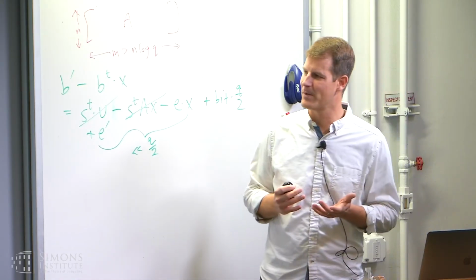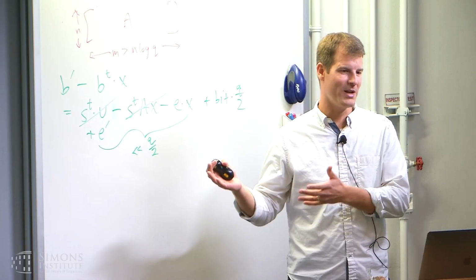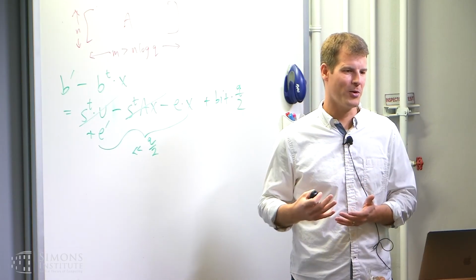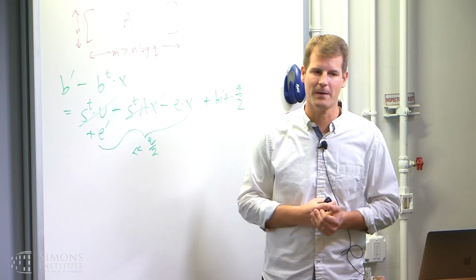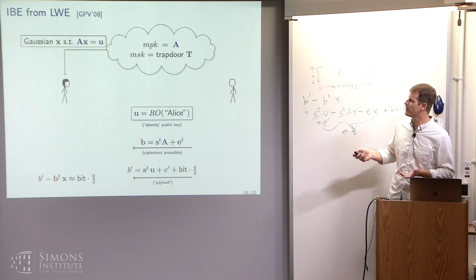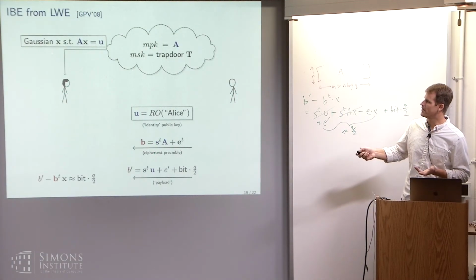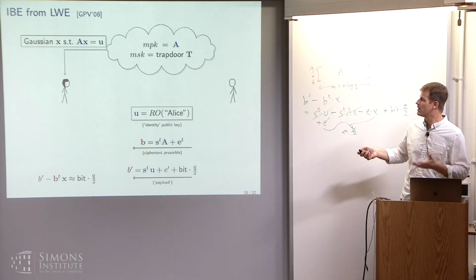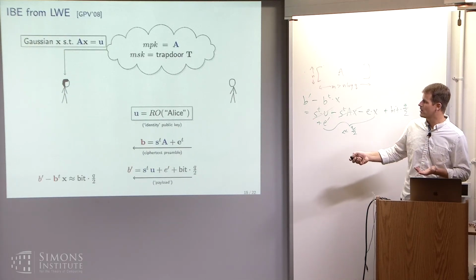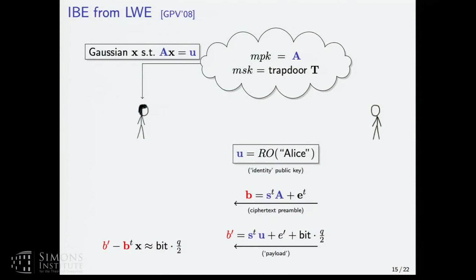If you could impersonate somebody and steal their secret key from the authority, that's obviously a problem. So we should imagine here that only Alice knows this x. Bob will get a different hash, and so a different x prime, completely independent from Alice's secret key. Yeah, that's a good point.